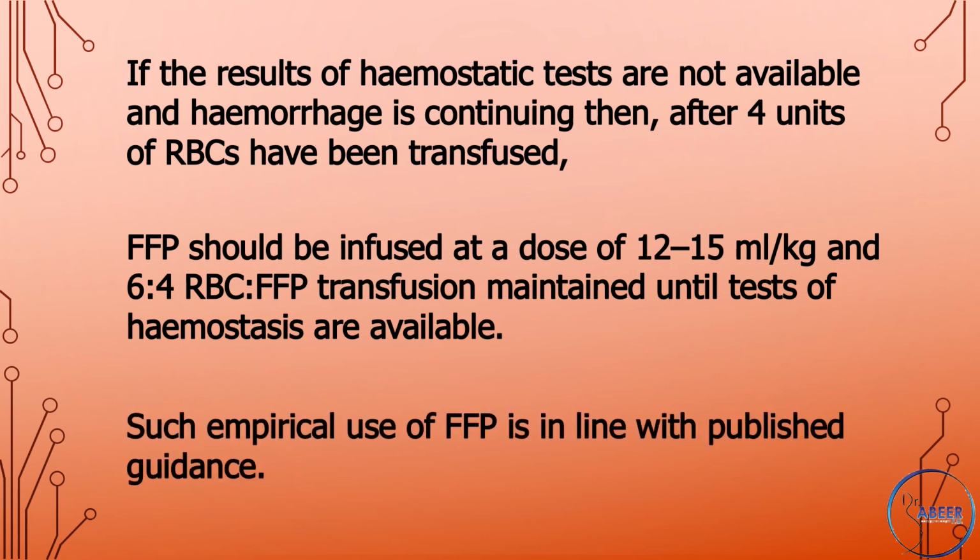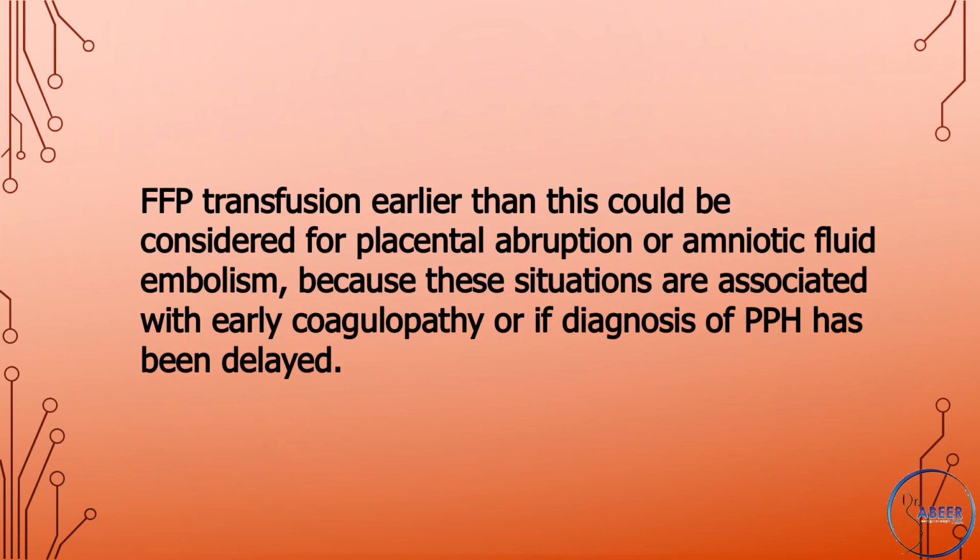Such empirical use of FFP is in line with published guidance. Fresh frozen plasma transfusion earlier than this could be considered for placental abruption or amniotic fluid embolism because these situations are associated with early coagulopathy, or if diagnosis of postpartum hemorrhage has been delayed.